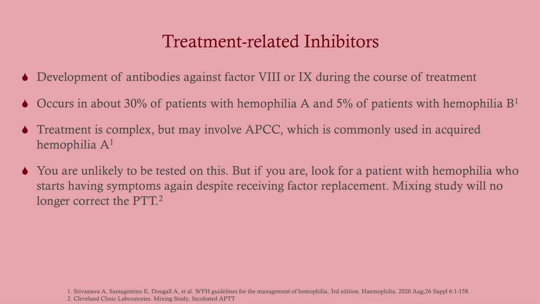And so it is a feared complication because once they develop antibodies, giving factor is not going to be as useful. So you're unlikely to be tested on this, but if you are, look for a patient who had a pre-existing diagnosis of hemophilia and now they've been getting factor concentrate for a period of time and now they're starting to develop symptoms again. What do? Get a mixing study. The mixing study will now not correct because they have these inhibitors.